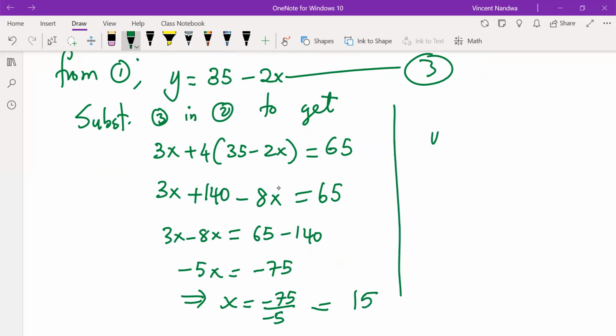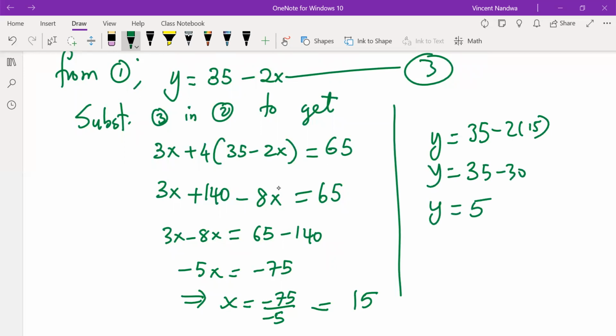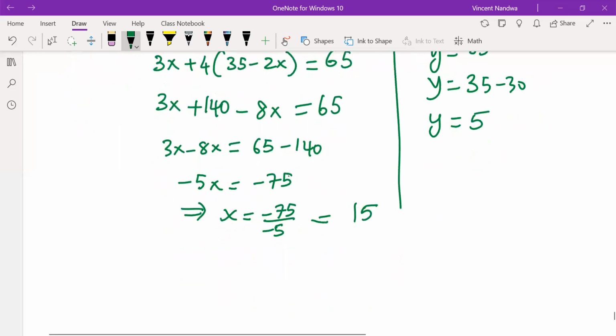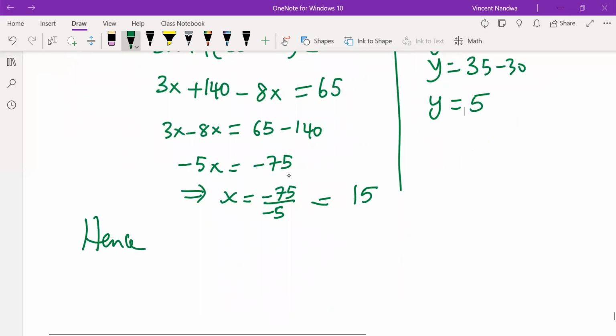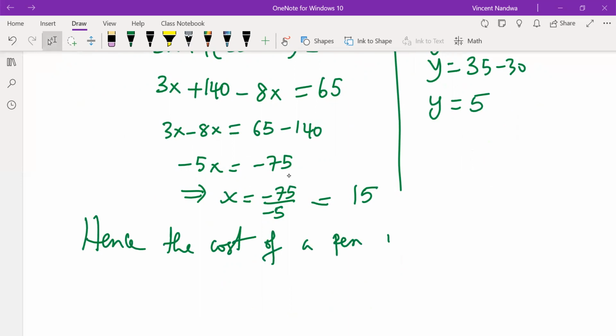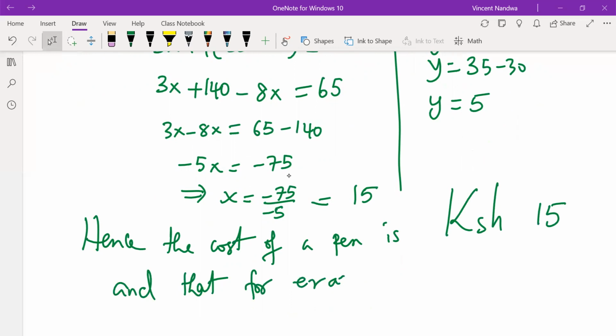And so Y will be 35 minus 2 times 15. So 35 minus 30. So Y equals to 5. Hence, the cost of one pen is 15 shillings, and that for eraser is 5 shillings.